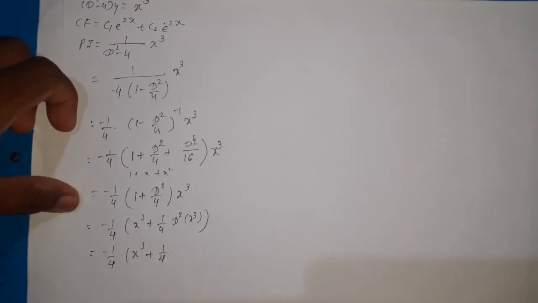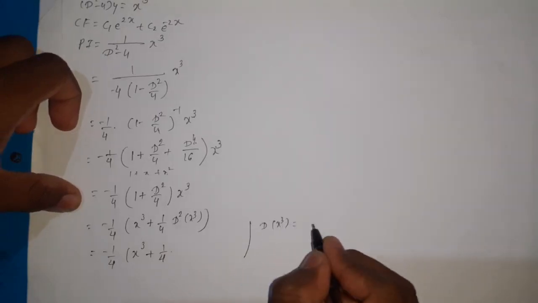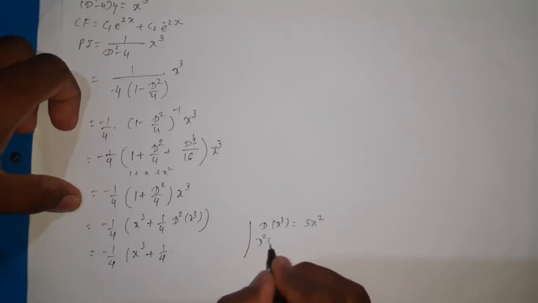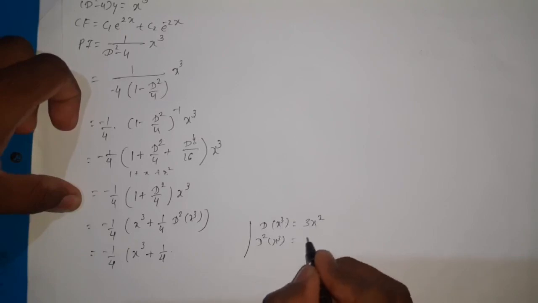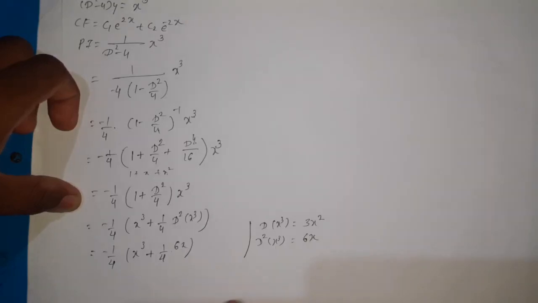Now D square of x cube. So here we know that D of x cube equal to what? 3x square, and D square of x cube, its derivative is 6x. So therefore it is 6x.